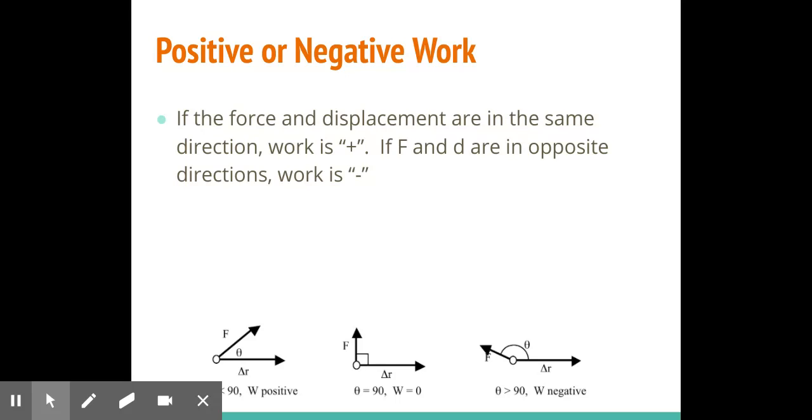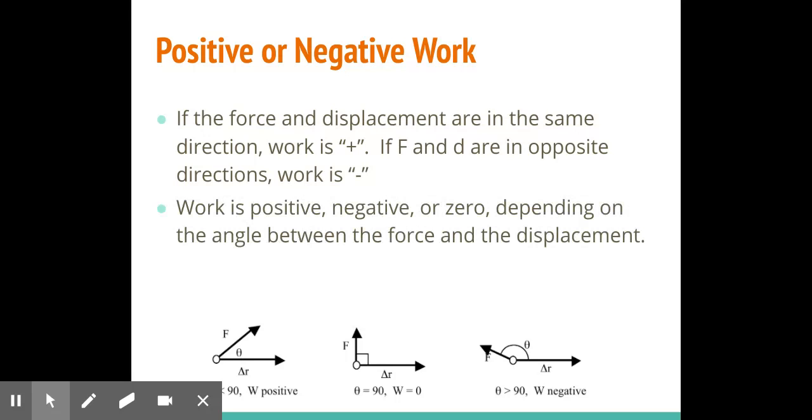Okay. So again, work is scalar, but that doesn't mean there isn't negative or positive work, because there can be positive or negative work in relationship to the distance it's traveling, and it does depend upon the force being applied. So here, work is positive, negative, or zero, depending on the angle between the force and displacement.